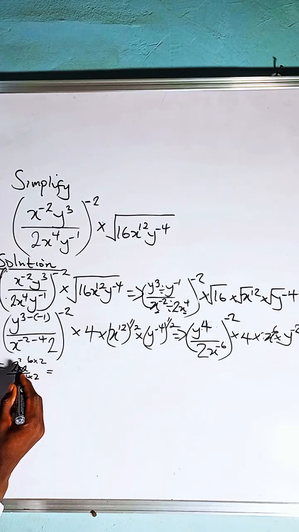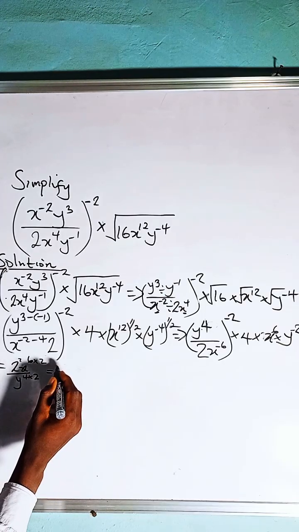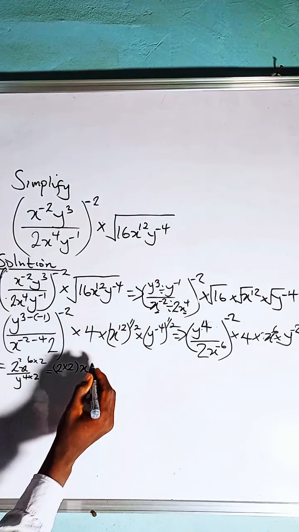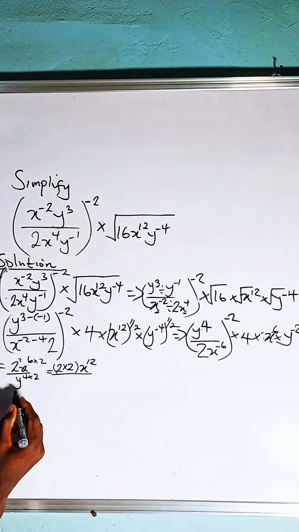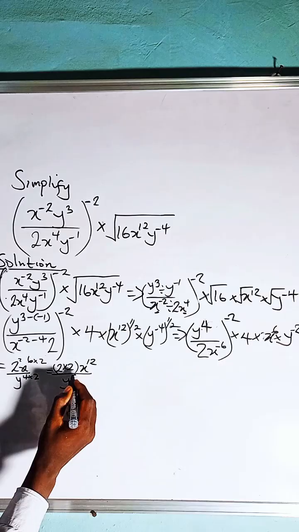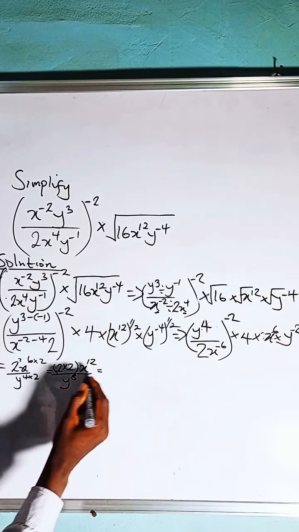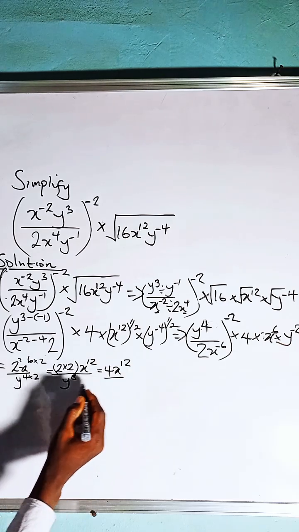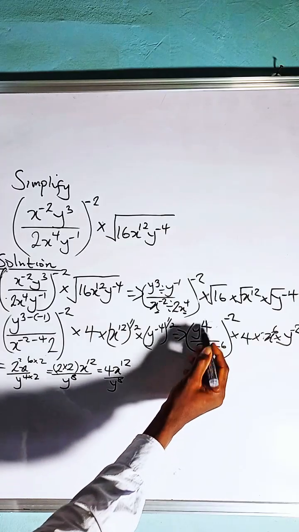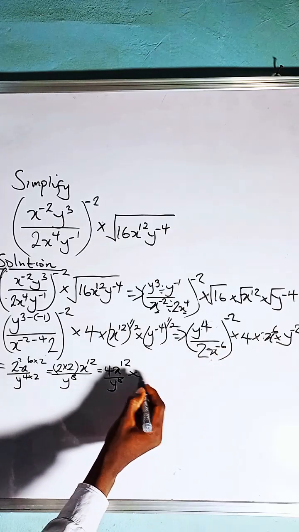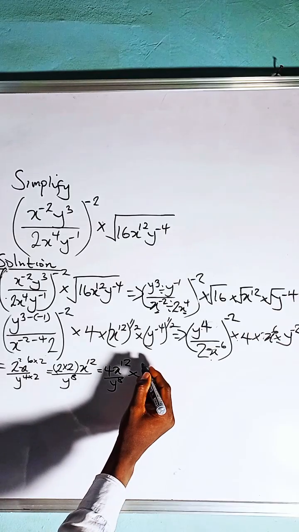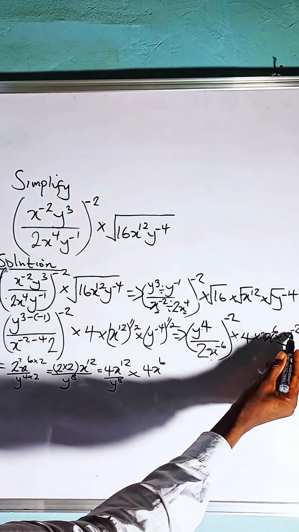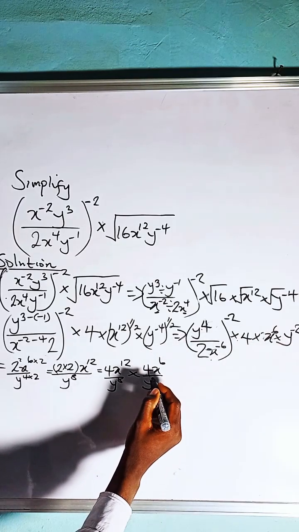We have 2 squared, that is 2 times 2, which is 4. For x, 6 times 2 is 12, and over y, 4 times 2 is 8. So we have x raised to the power 12 over y raised to the power 8, times 4x raised to the power 6 over y raised to the power 2.